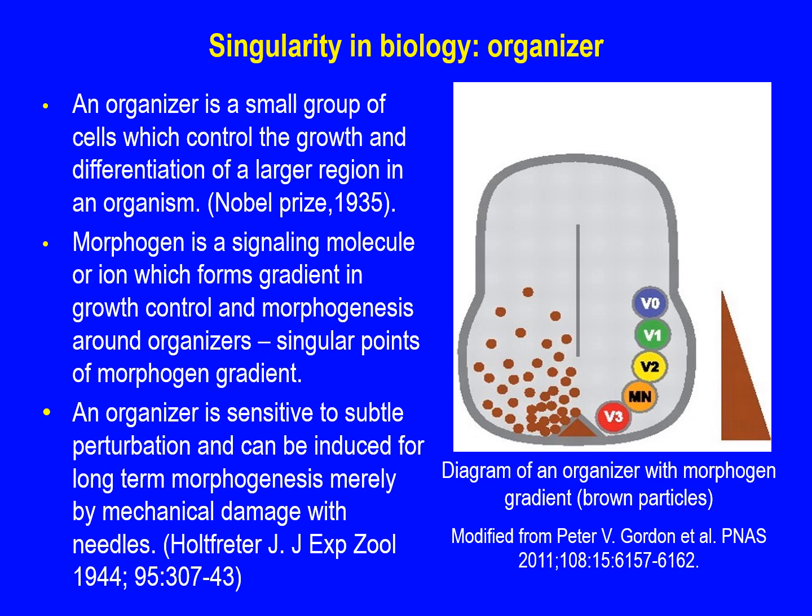A morphogen is a signaling molecule or ion which forms a gradient in growth control and morphogenesis around the organizers. So in this case, the organizers are singular points of morphogen gradient, and singular points are known to be prone to subtle perturbation.